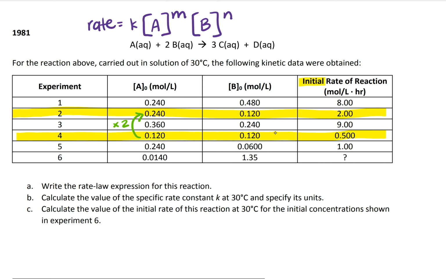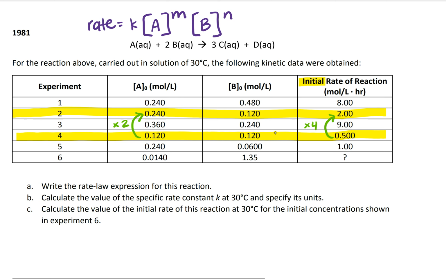And then I'm going to see how that has affected the rate of the reaction. It goes from 0.5 molarity per hour to 2, and that's 4 times, or the rate has been quadrupled.